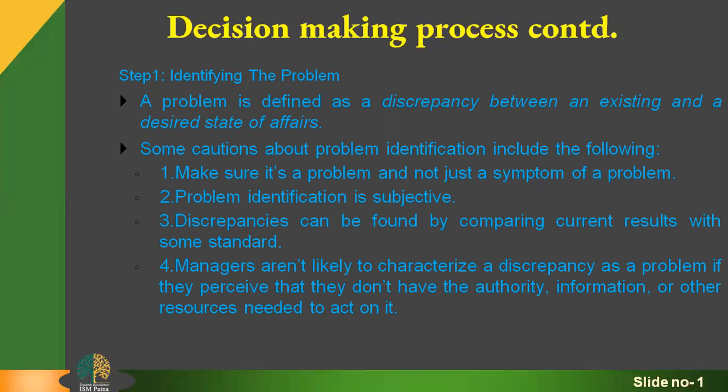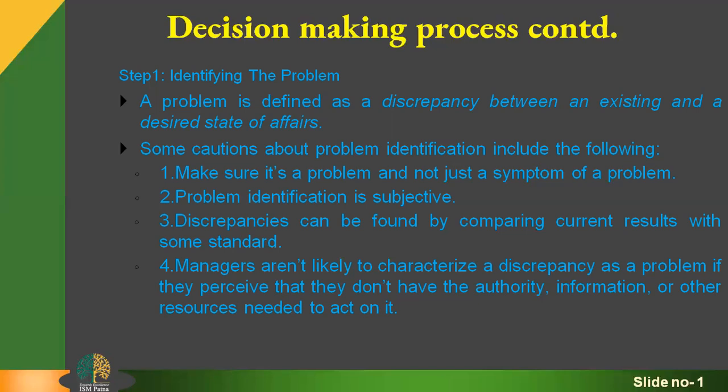Or sometimes people interpret that if a problem exists, it will be reported by the concerned stakeholders. These are the gossips going on in the organizational domain sometimes. So sometimes they feel identifying a problem is not a required process. It will automatically be reported if there is any problem existing in the system regarding which a decision has to be made.